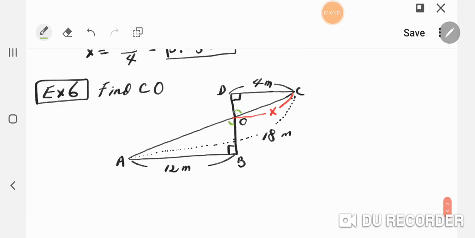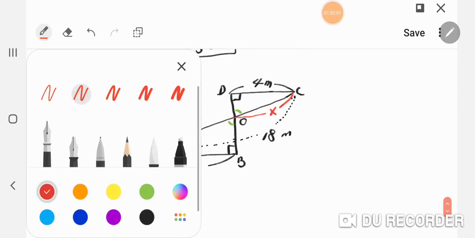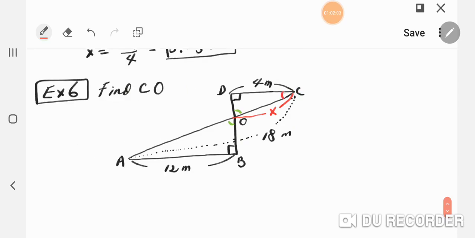So this green angle is the same. And since these green angles are the same, let's use this red angle. This is the third angle, and these red angles are also the same. So the corresponding angles are the same, right?